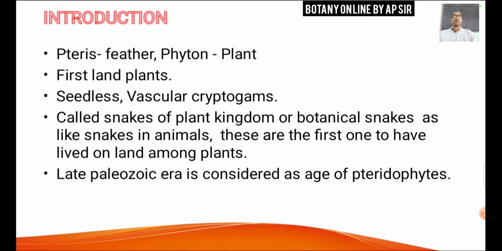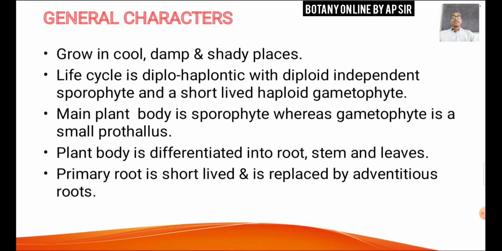Now let us jump into the general characteristics of pteridophytes. What is their habitat? They grow in cool, damp and shady places. And the most important thing is that the life cycle is diplo-haplontic. That means there is presence of a diploid phase as well as a haploid phase.